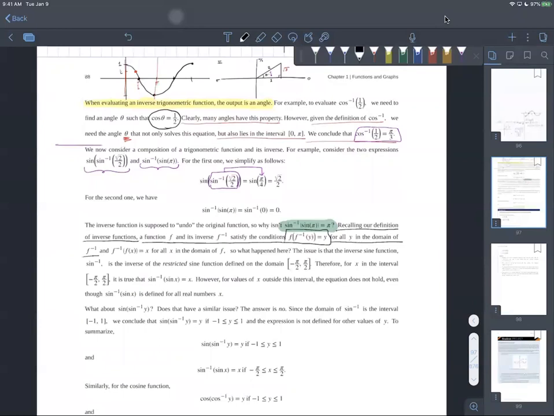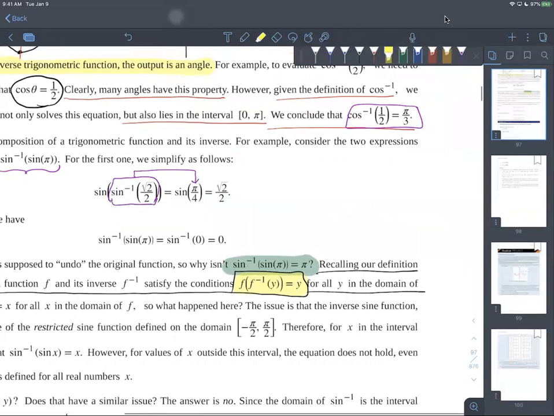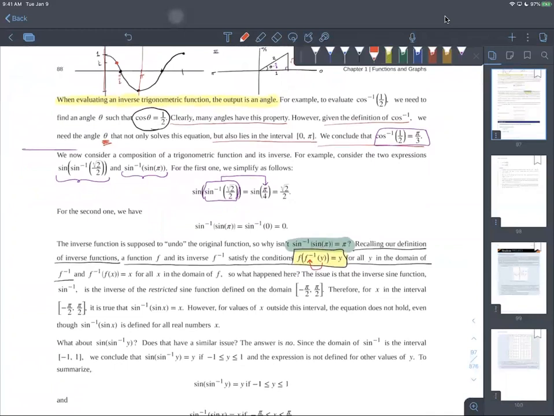This statement is going to be true as long as y is in the domain of that function. And same thing here: f inverse applied to f of x is equal to x for all x in the domain of f.